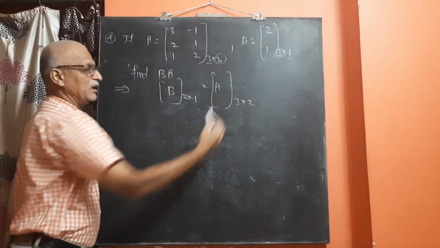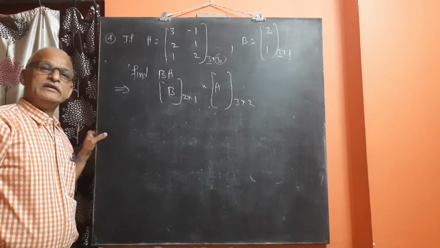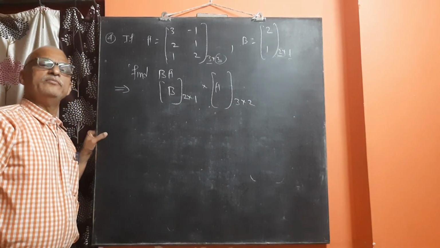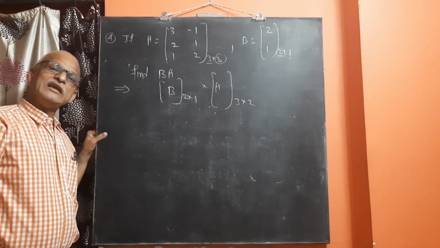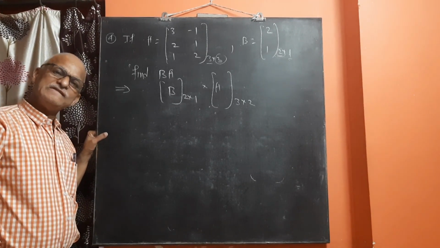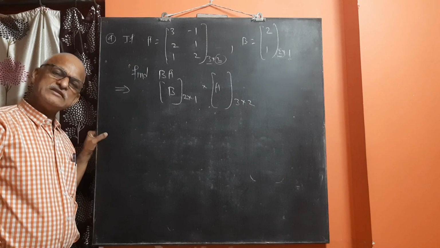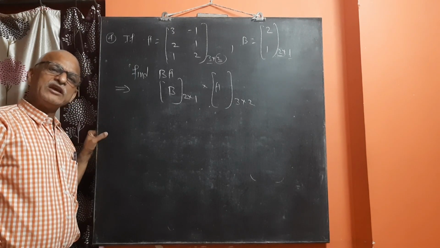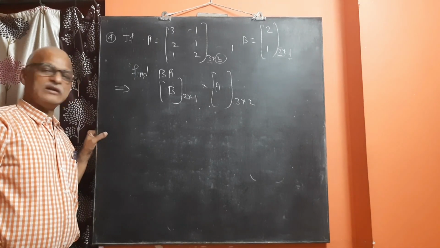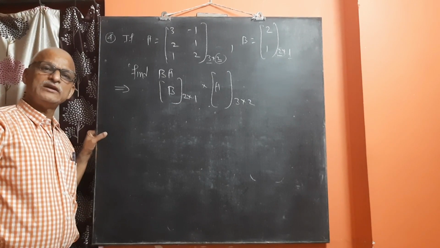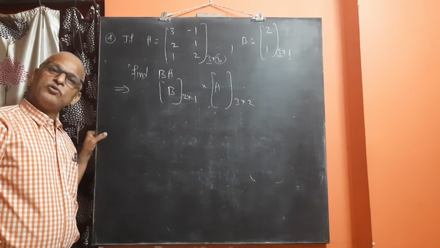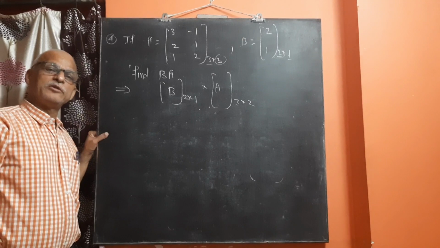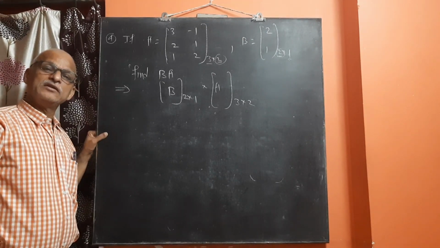Order of A is 3 by 2. Is the multiplication of AB possible? Yes. We can find out. Can we find the product of B into A? No. We can't find the product of B into A.